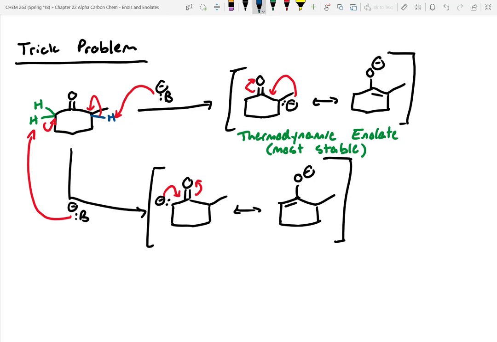So let's label this one. This is our kinetic enolate. Its alpha protons are more accessible.